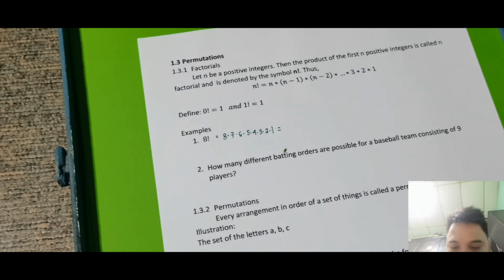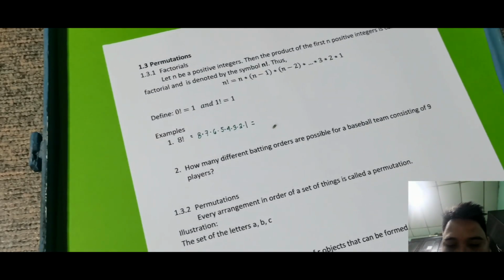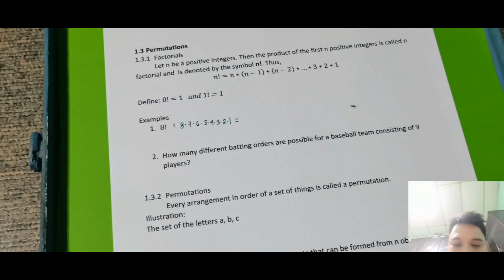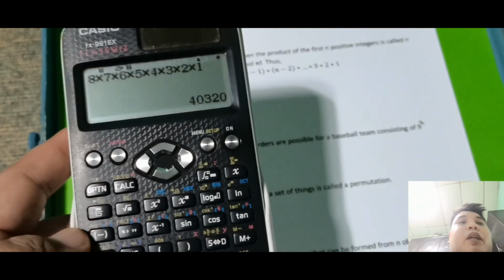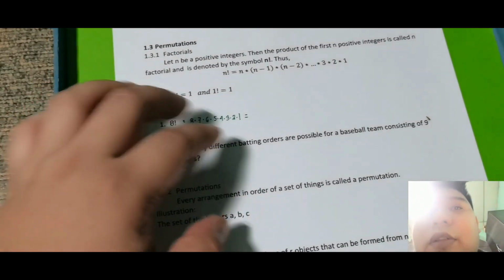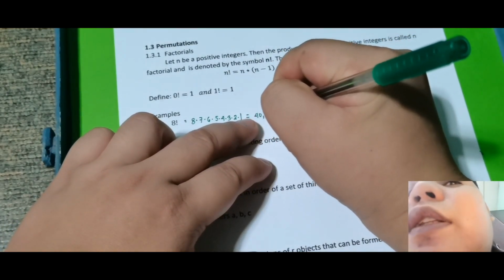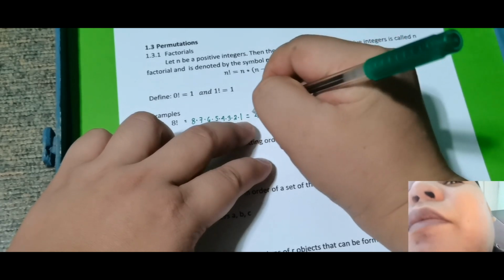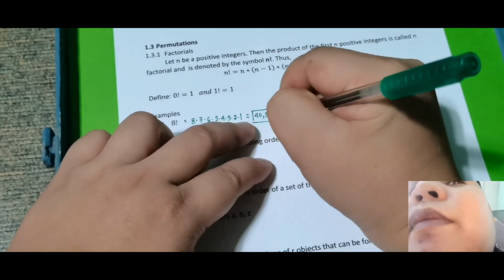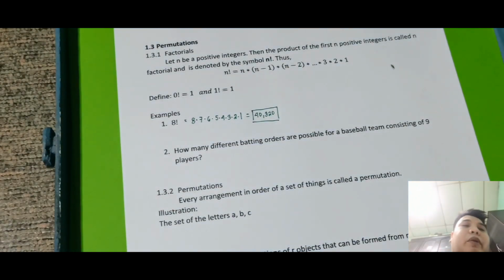Medyo nakalimutan ko kasi nakakalito minsan pag di ka gumagamit ng calculator. Neto 3 weeks or 5 weeks na rin yata ako di nagka-calcu. So multiply lang natin 8 times 7 times 6 times 5 times 4 times 3 times 2 times 1. Okay, so that is 40,320. So no need to write ways or something.